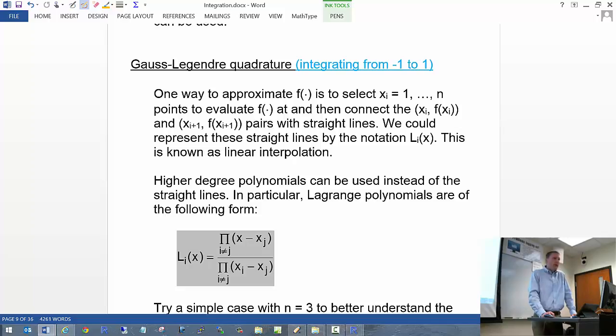Okay, so there's a number of different ways to do a Gaussian quadrature. We're going to first focus on one called Gauss-Legendre, I believe that's how you pronounce it. And this focuses on integrating from -1 to 1.